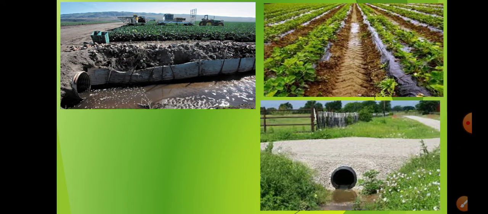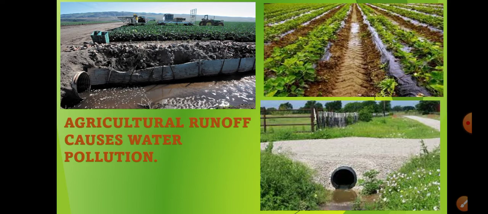So that is how your agricultural waste is also leading to water pollution, how the pesticides and the fertilizers are leading to water pollution.